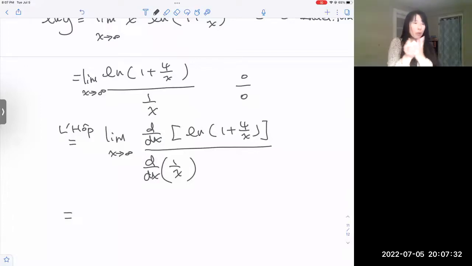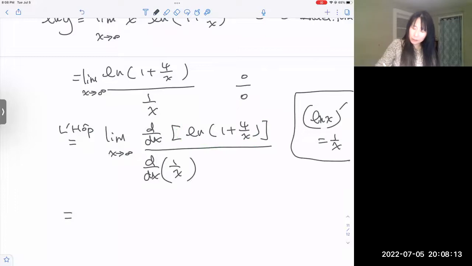How do we differentiate ln x? 1 over x. Then how do we differentiate the inside?